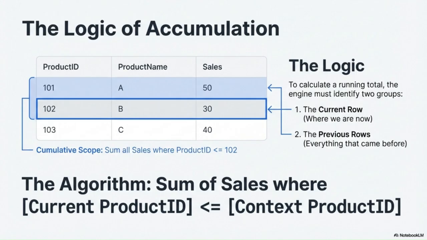The key idea behind running totals without dates is comparing the current row with previous rows. We create a filter that includes all rows less than or equal to the current value. Then we calculate the sum over that filtered set. This creates a cumulative effect.